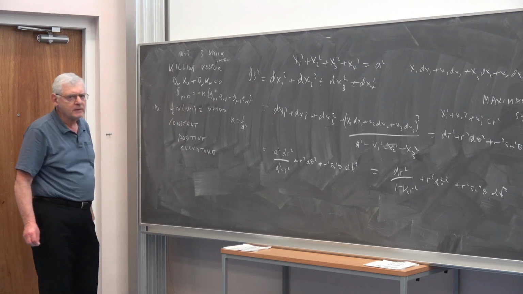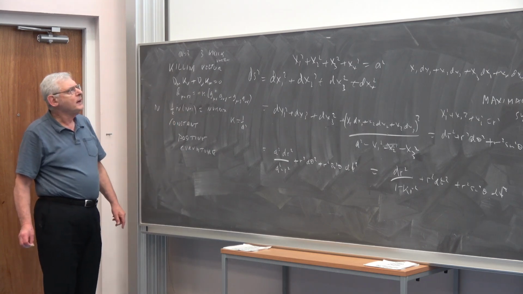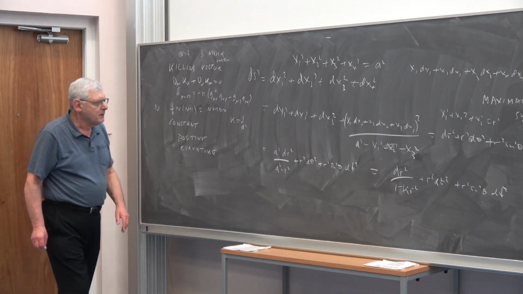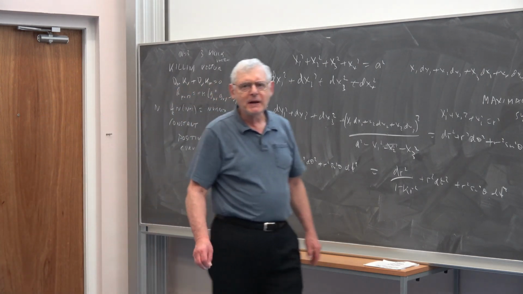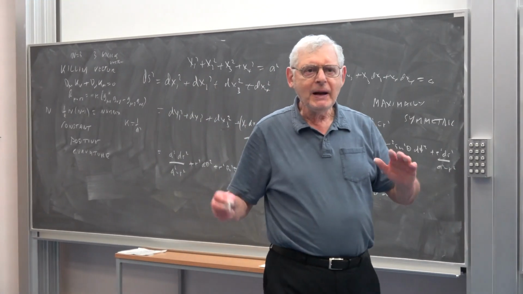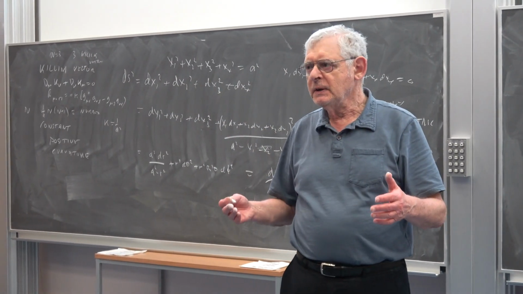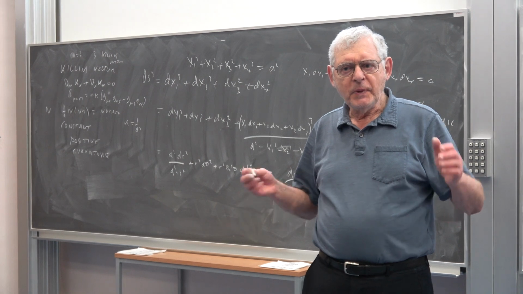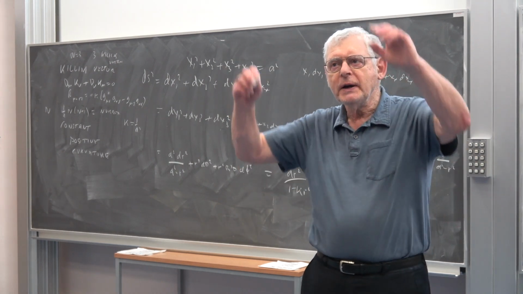Yes, it's correct. It's 3. That's good. So these are spaces which are maximally symmetric. The maximally symmetric ones are very easy to construct because they are flat in one higher dimension.